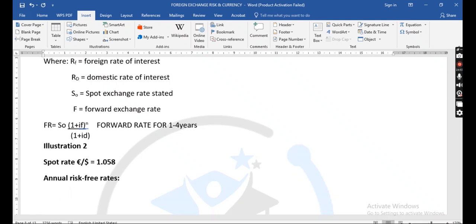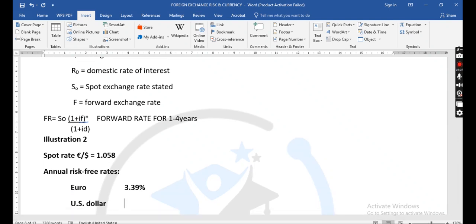So we have euro, then US dollar. Let's say this is 3.39%, and this is 1.76%.